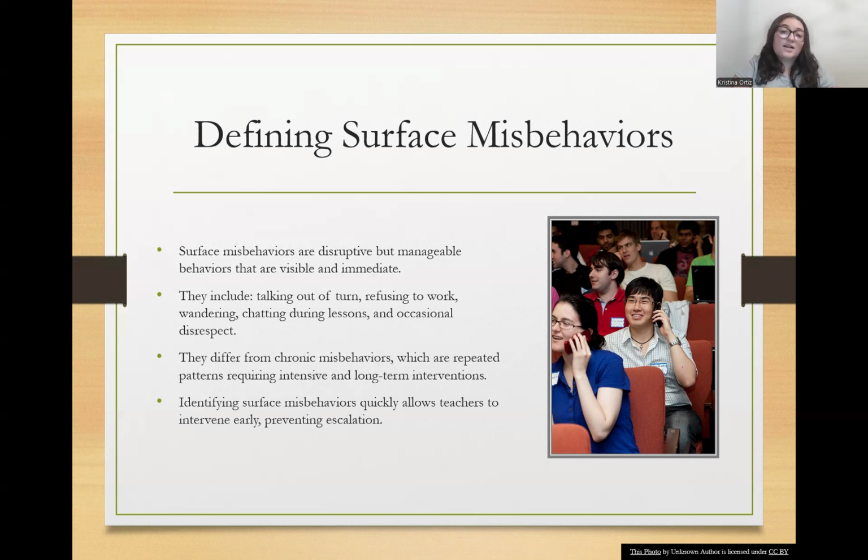They differ from chronic misbehaviors, which are repeated patterns requiring intensive and long-term interventions. This is manageable behavior that we can manage. Identifying surface misbehaviors quickly allows teachers to intervene early, preventing escalation. If we're able to identify these behaviors early, we can intervene and prevent it going further.